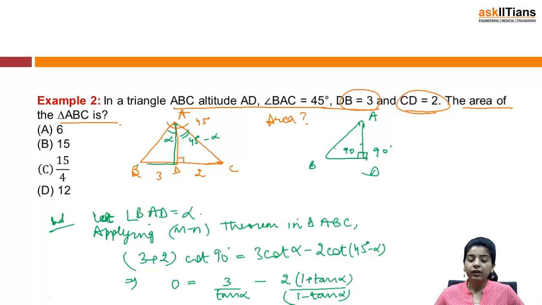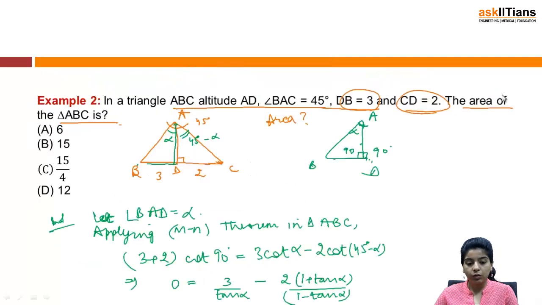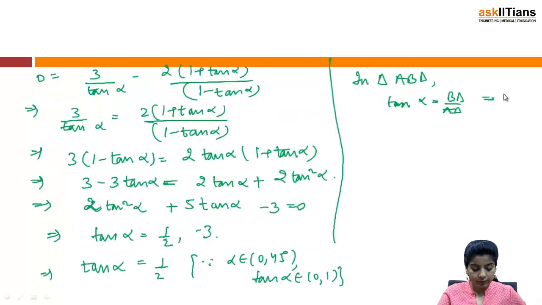So what about tan alpha? This is my alpha. So tan alpha would be perpendicular upon base, that means BD by AD. So tan alpha is BD by AD. BD is 3, so this is equal to 3 by AD, and this is half.